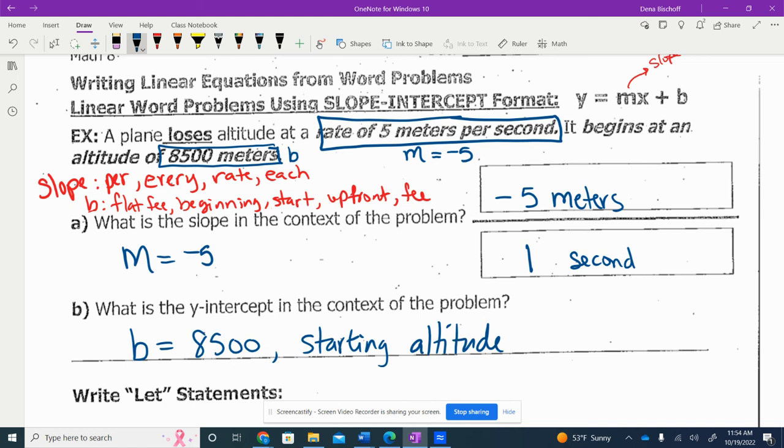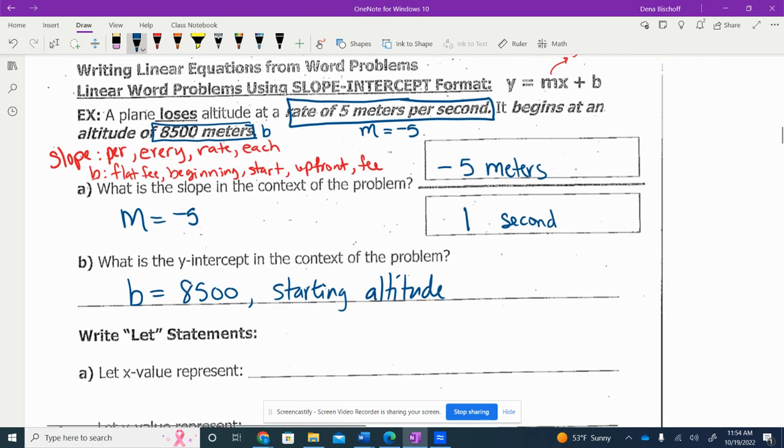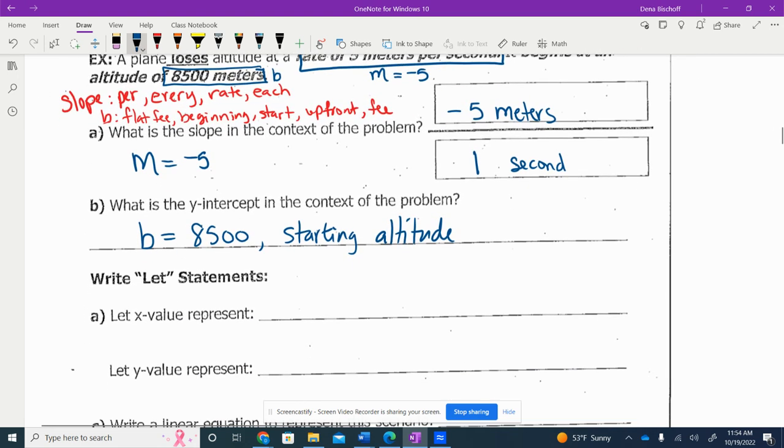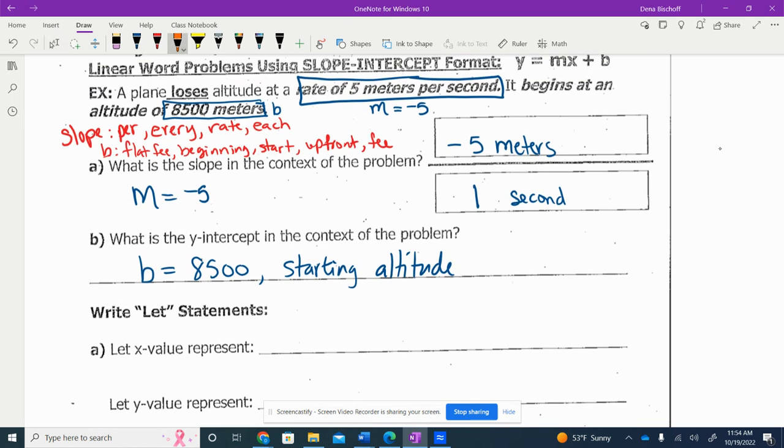So let statements. We really need to focus on defining our variables. So sometimes you guys struggle with this, but remember that the x variable is always attached to the slope, right? So we're dropping at a rate of 5 meters per what?